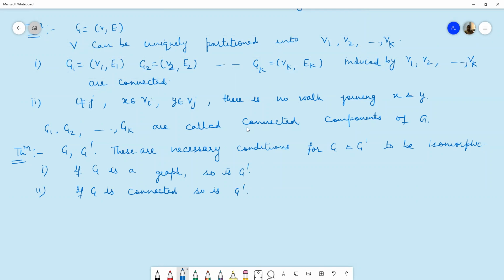Moreover, they have the same number of connected components. Then the third one is, if G has a cycle of length equal to K, then so does G dash.